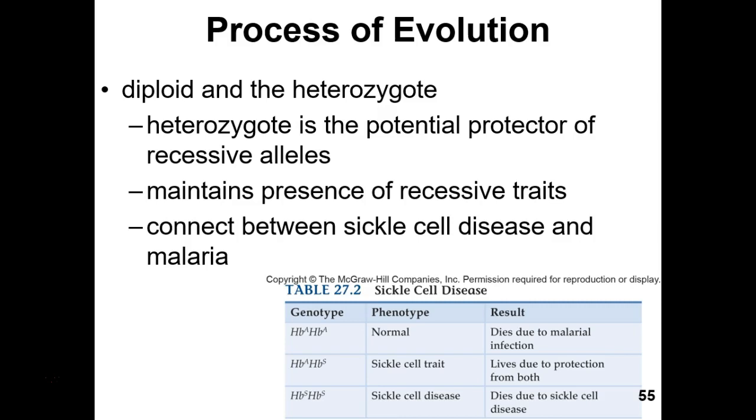But if you have one allele for the sickle cell disease and one normal allele, you can't get malaria and you're still healthy enough to not die from the disease. So you have the best of both worlds. You can't get sick with malaria and you're not going to die from sickle cell disease. You have what we call the heterozygote advantage.